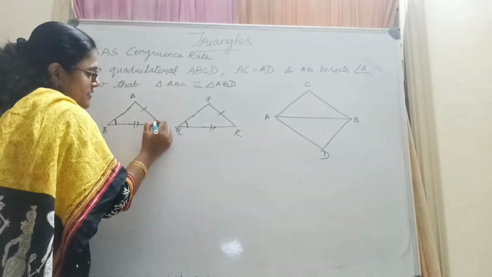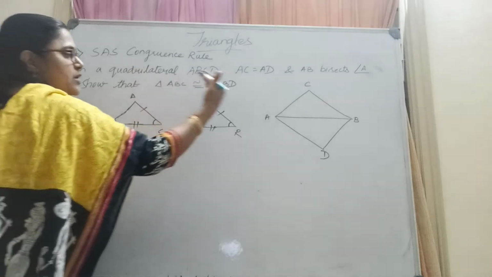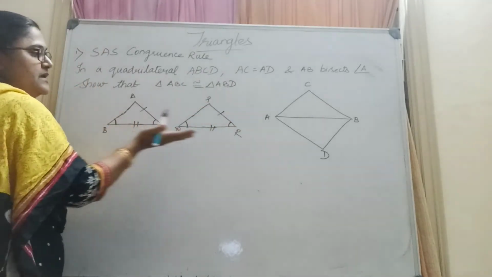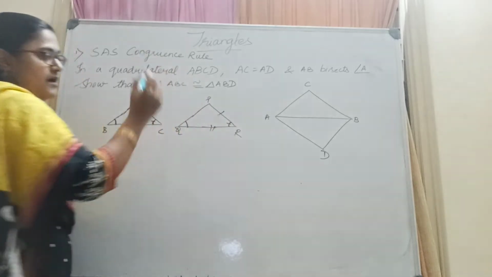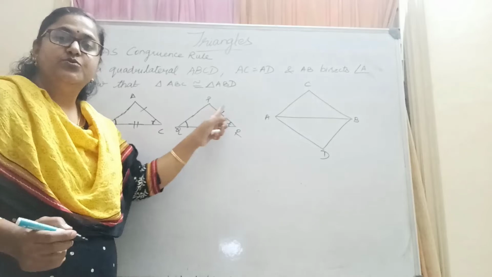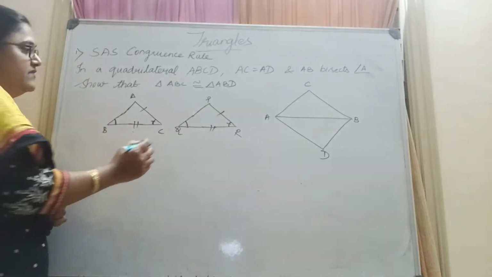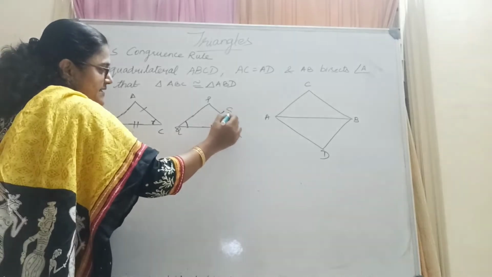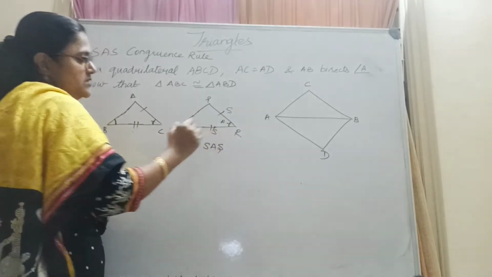Angle C here and angle R here. So AC must be equal to PR, BC must be equal to QR, and angle C must be equal to angle R. That is included angle. The angle which is in between these two sides is called the included angle. So that is why we write this rule as SAS. That is SAS congruence rule.